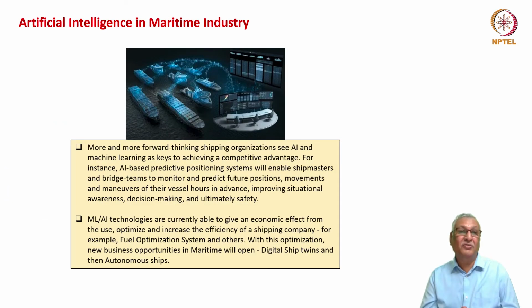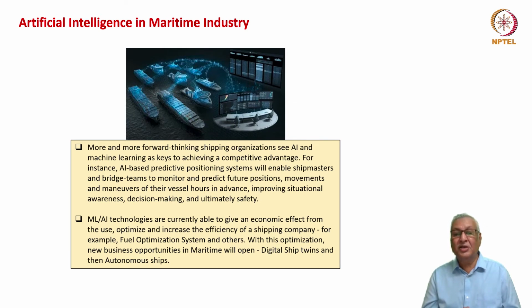Artificial intelligence itself will be one prime area of development. More and more forward-thinking shipping organizations see AI and machine learning as keys to achieving a competitive advantage. AI-based predictive positioning systems will enable shipmasters and bridge teams to monitor and predict future positions, movements and maneuvers of their vessels hours in advance, improving situational awareness, decision making and ultimately safety.